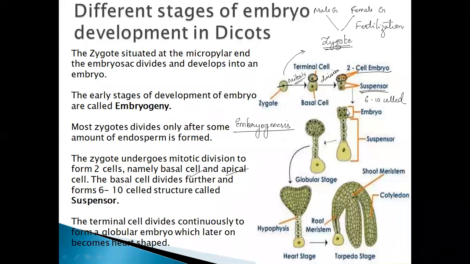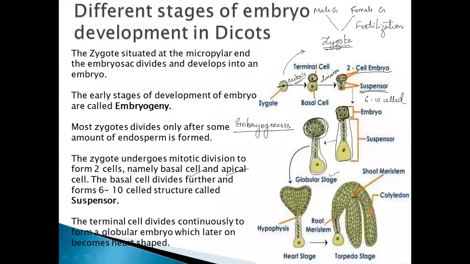Later, further division takes place and a 4-celled embryo is formed, along with the suspensor, the 6 to 10 celled structure. Further, it divides to form a globular embryo. Here the embryo forms a round structure along with the suspensor, which we call the globular structure.